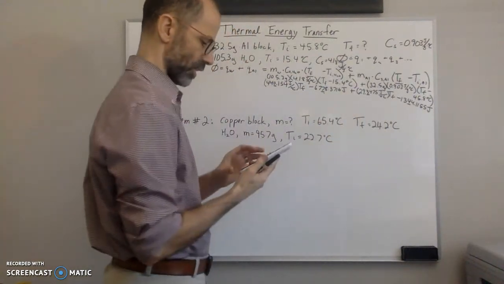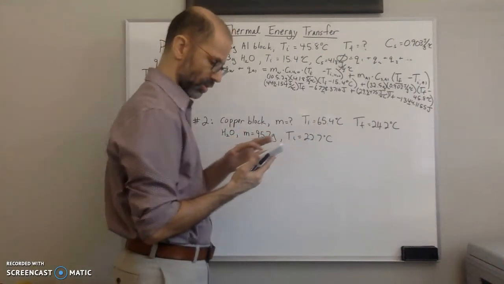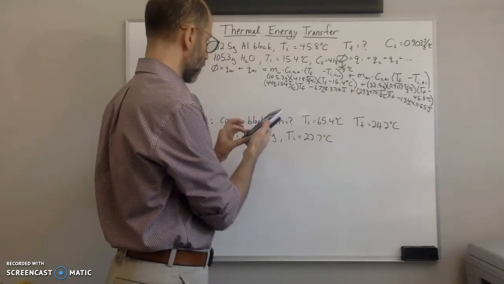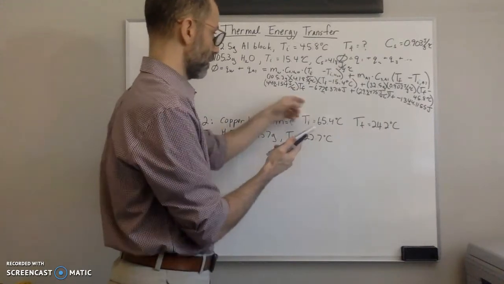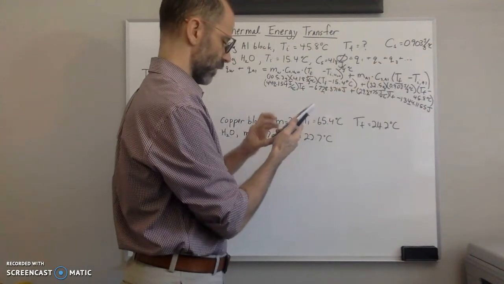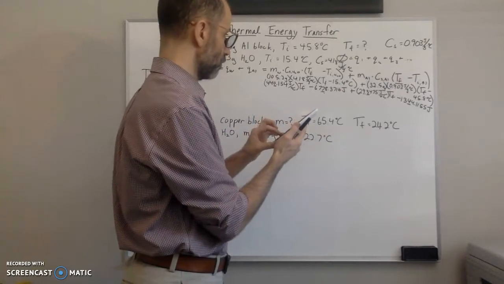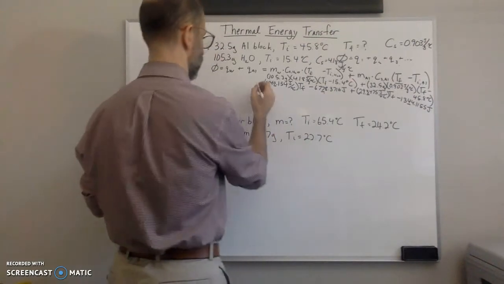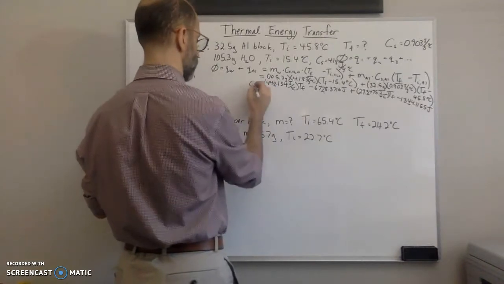So if you add those together, we have 440.154 times TF plus 29.3475, and this is again equal to 0.